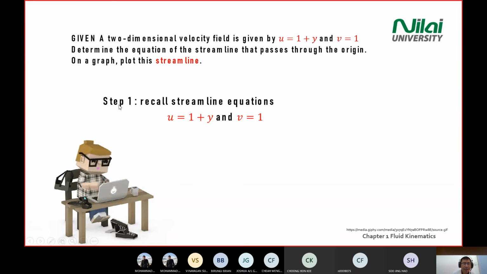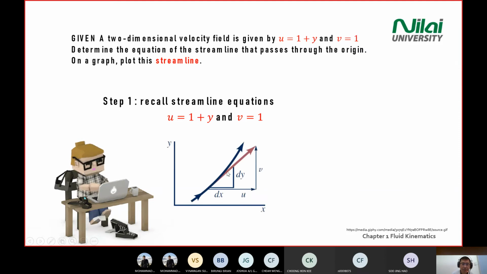Now again, the first step is to recall the streamline equation. We have dy/dx equal to v divided by u. This is the standard one, right? We are given u and v. So in the exam, if you write out the general equation, you are given marks for that.